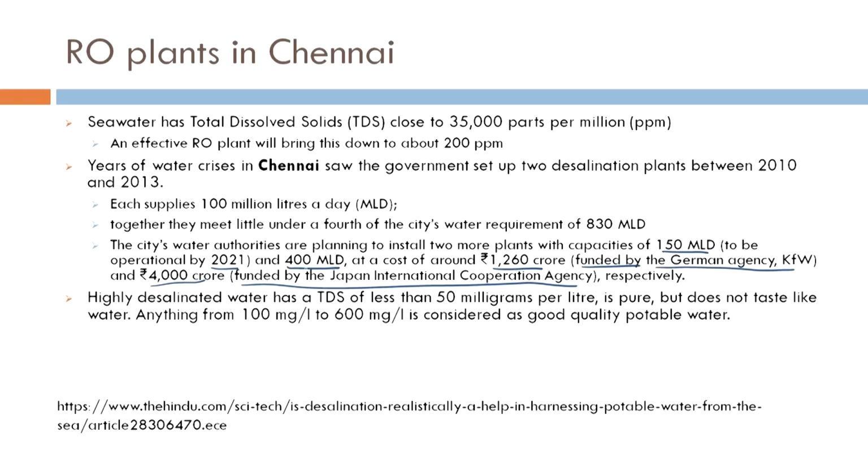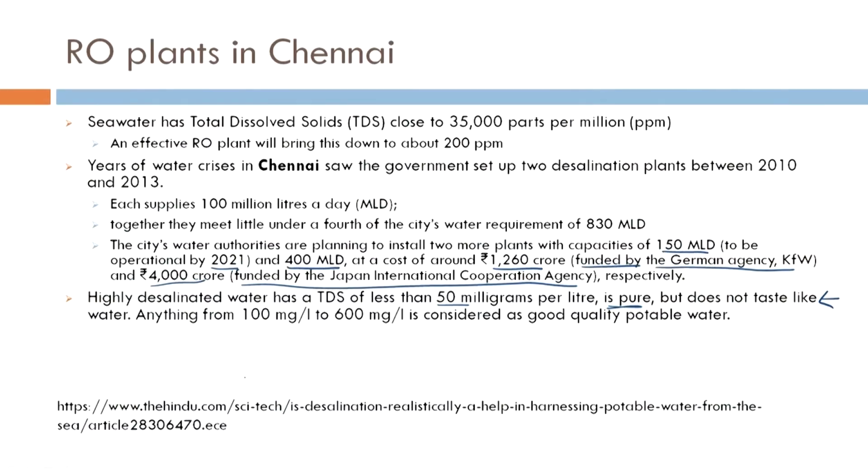Highly desalinated water has a TDS of less than 50 milligrams per liter, and is pure in a relative sense, but it does not taste like water, because what gives water its taste is the ions in it. If you remove all the ions, most of which are required by the human body, that is not water in the truest sense.